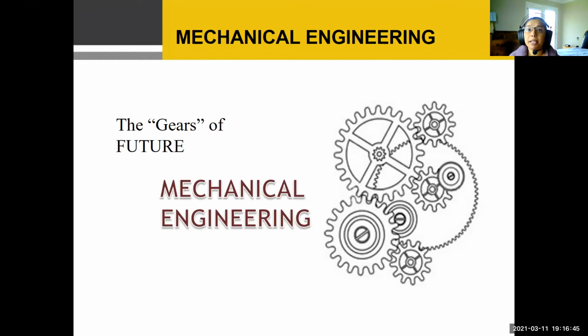To give you an example, as a mechanical engineer, you need to know a little bit about electrical engineering. You need to know a little bit about civil engineering. So it encompasses some of these other ones, not to the level of detail that you would see in one of those fields, but a little of each. Mechanical engineers tend to be those people who are kind of jack of all trades.